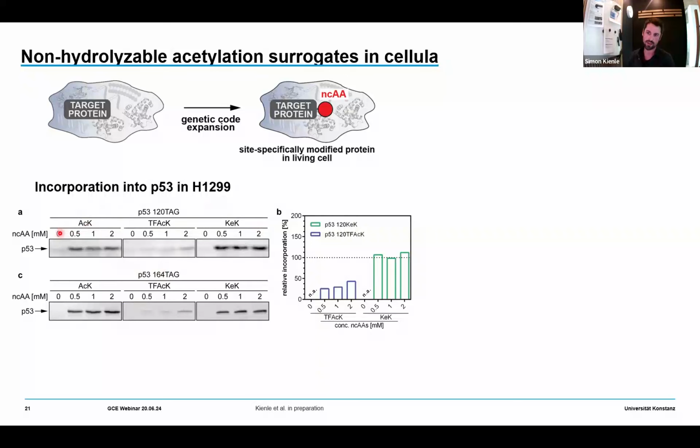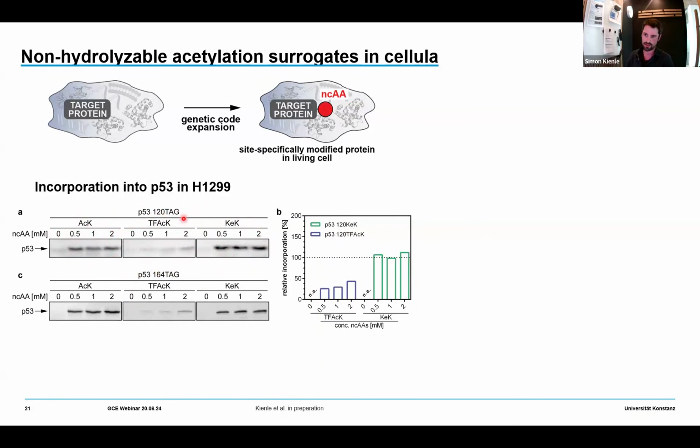And here you can see the incorporation into P53 at position 120. And what you can see here is that we get nice incorporation of acetyllysine with around 1 to 2 millimolar. And this is also true for ketolysine, whereas we got just low incorporation with trifluoroacetyllysine.